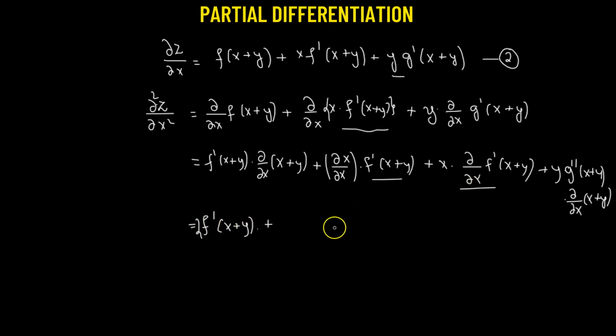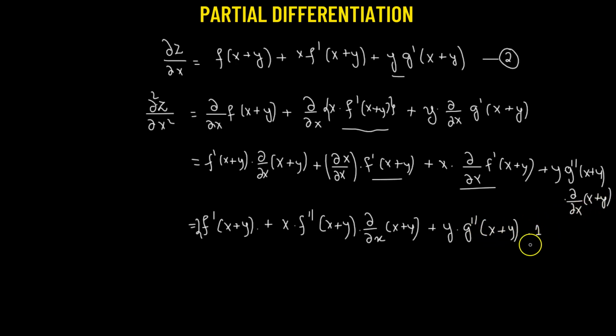Coming to the third term, we have x times, so we have to take the partial derivative with respect to x of f prime of x plus y, so that will be f double prime of x plus y multiplied to the partial with respect to x of x plus y, plus y times g double prime of x plus y times the partial of x plus y with respect to x, which will be simply 1.